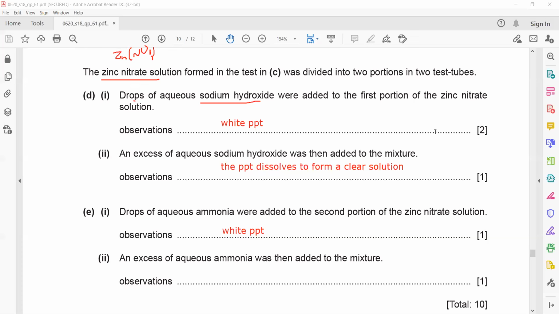When we add excess, the precipitate will dissolve. Again, the precipitate dissolves and forms a colorless solution. Zinc precipitates are soluble in both aqueous ammonia as well as aqueous sodium hydroxide.